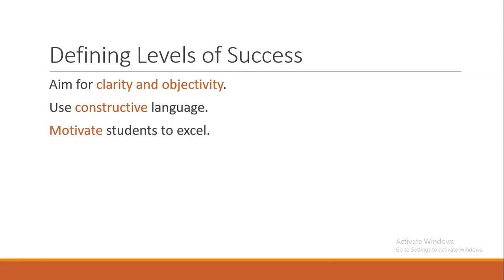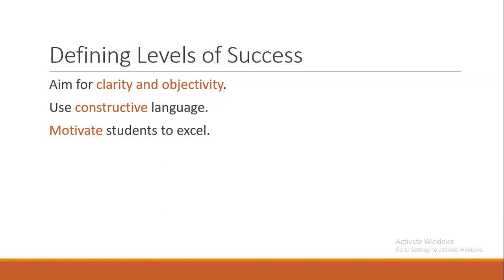Second, use constructive language, so that students don't feel hurt and discouraged when you mark some level of success that is lower than what they expected. So instead of saying this is poor, or this assignment failed to do this, you could say, okay, this needs improvement. So think about if there's a way to say something more positively, more constructively, that's good.